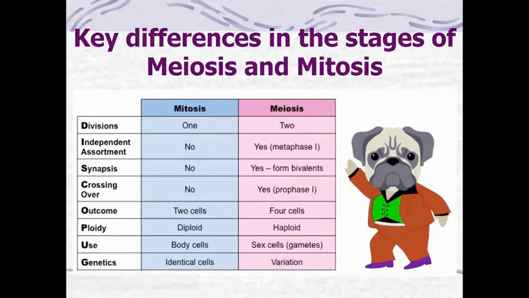Here we have a chart that shows that they differ in the divisions, whether they have independent assortment, synapsis, which means do they find their homologous partner, crossing over, the outcome, ploidy, which refers to how many chromosomes the cells have, uses, so what kind of cell does each produce, and the genetic components. Are we producing identical cells or cells with variation?